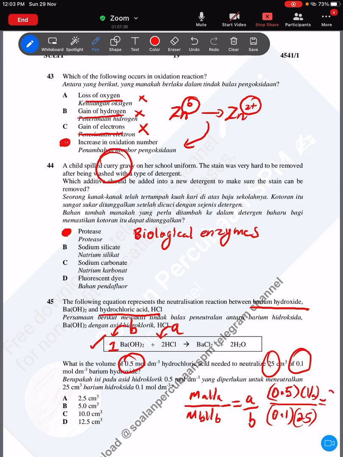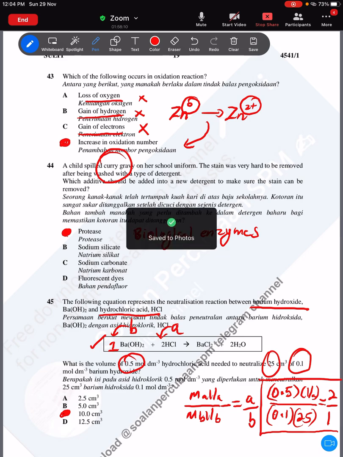Equivalent to 2 over 1. Please solve this mathematical problem for me. How much? All of you get 10? See? Okay, good.